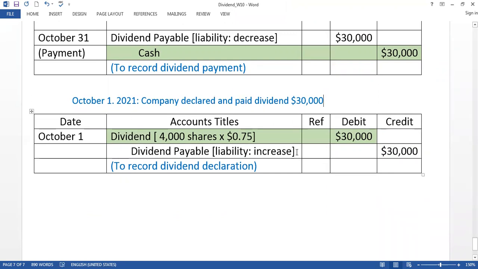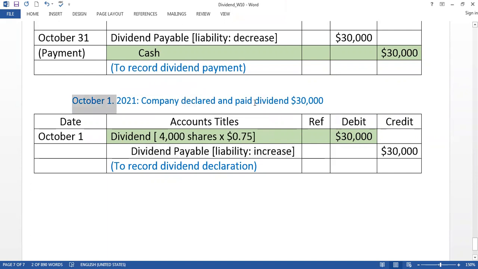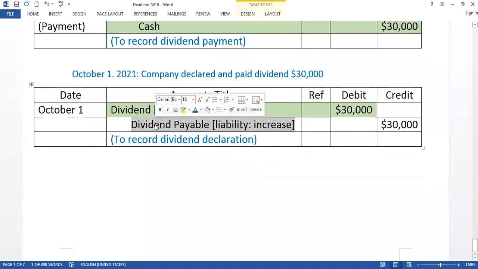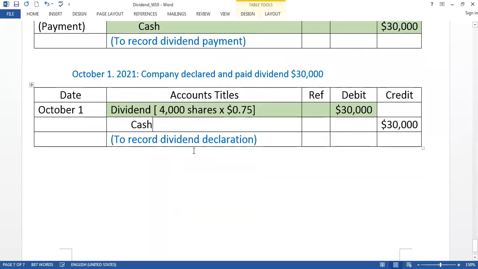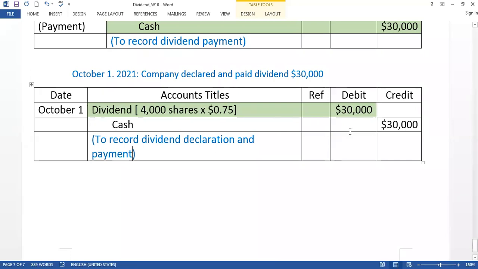If this is the case, do you have any liability today? When you declared on October 1st, you also paid on October 1st. So what is the journal entry here? Dividend debit, cash credit. And to record dividend declaration and payment.